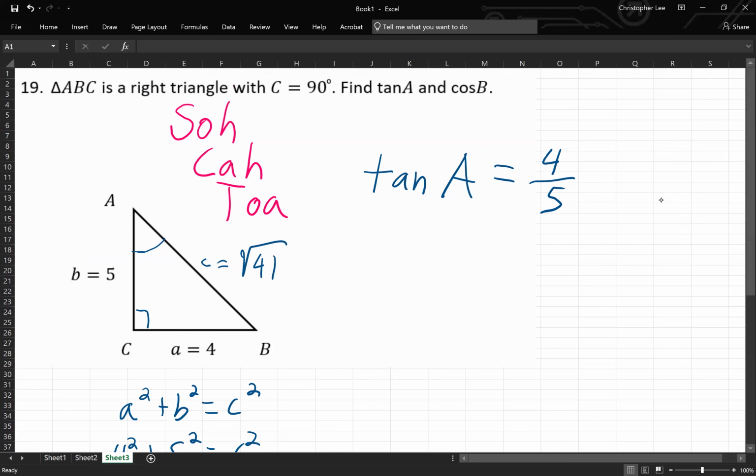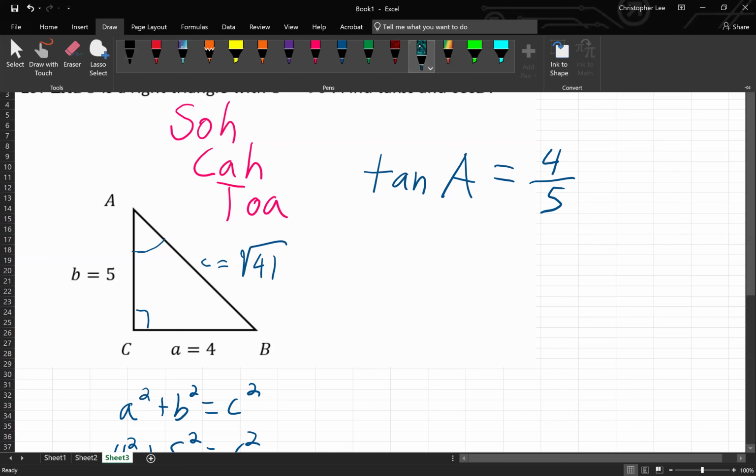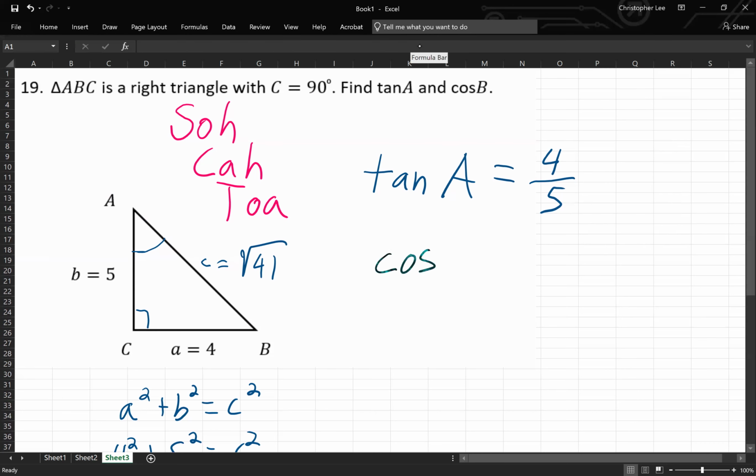Cosine of B. So what is cosine of B? Good. So what is it? 4 over? Perfect.